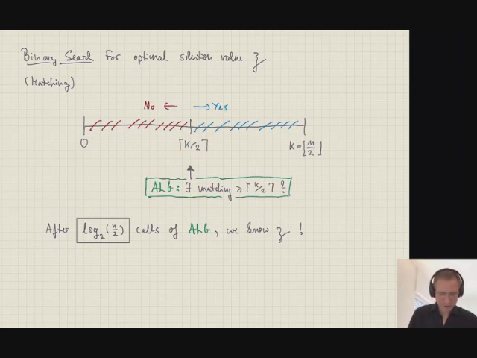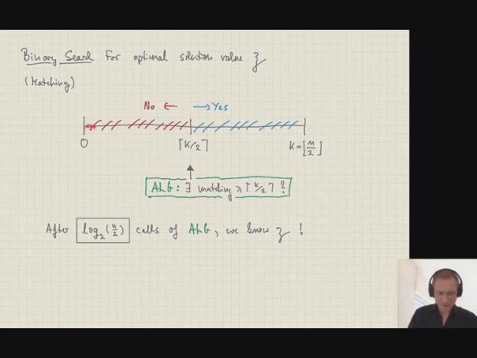So what we do is we consider the whole interval which contains the optimum solution value. We ask our algorithm, does there exist a solution of value at least k, yes or no? If the answer is yes, we continue searching for the optimum solution value in the blue part of the whole interval. If the answer is no, we continue searching in the red part of the interval.